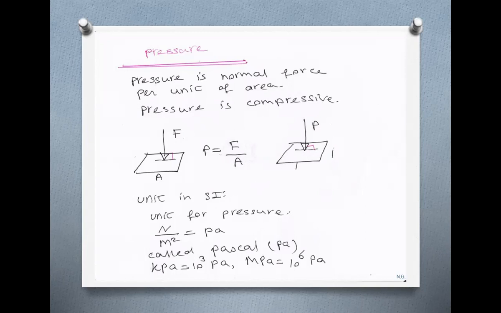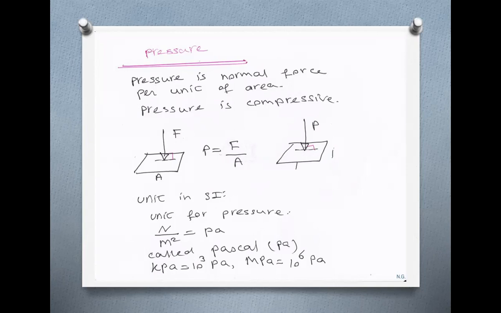Again, stress is force per unit of area. Shear is like friction. That is the tangent force per unit of area. So we have normal force, we have tangent force. Normal force per unit of area gives us normal stress. Tangent force per unit of area gives us shear stress.